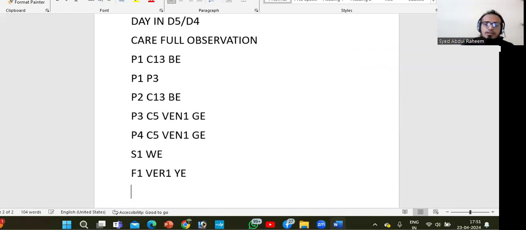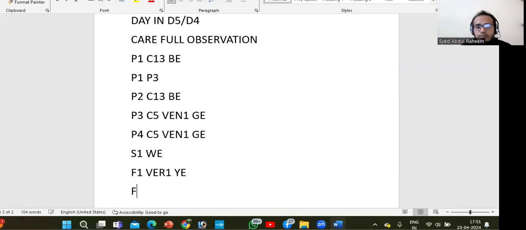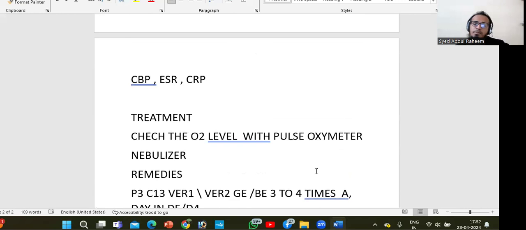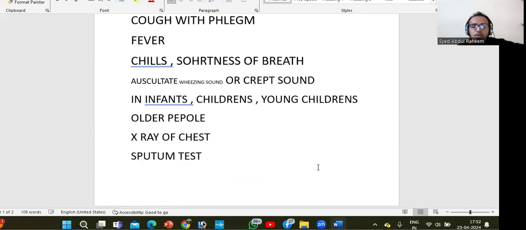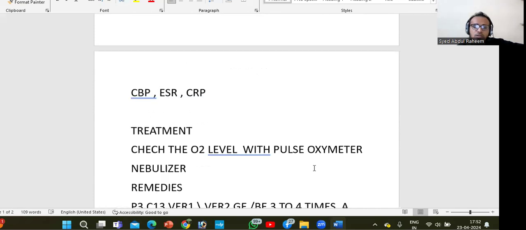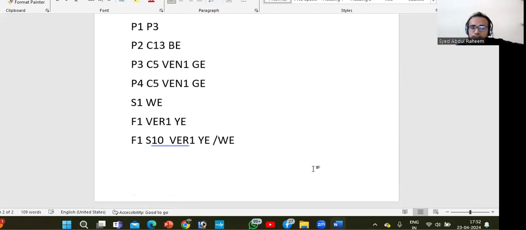Or in some cases, for the control of fever, F1, S10, Word 1, Y or W. If there is fever with chills, you need to cover the person with a blanket. And if phlegm is there, nebulization will release the phlegm from the lungs. So you have to treat the patient carefully.